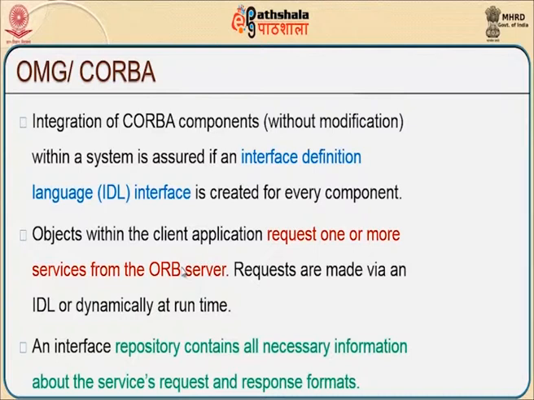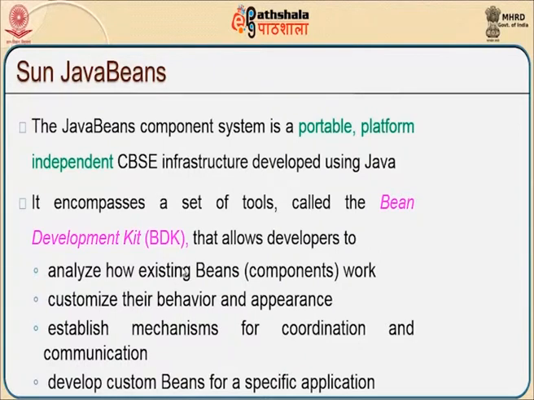Requests are made via an interface definition language or dynamically at runtime. So it can be made directly with an IDL or through runtime. An interface repository contains all necessary information about the service request and response formats. So this interface will have all the information related to the services and their requests, and it can again have the response in the same formats as required.